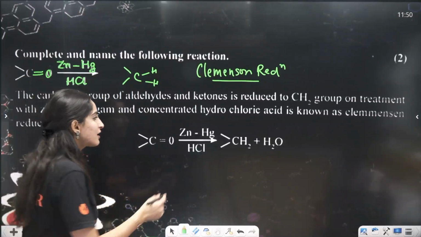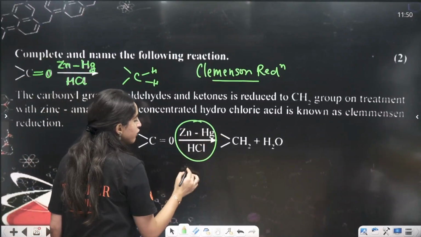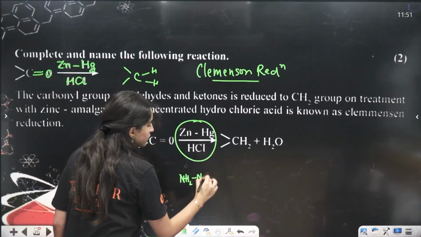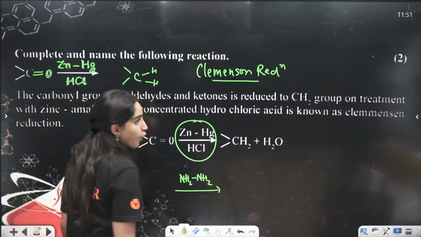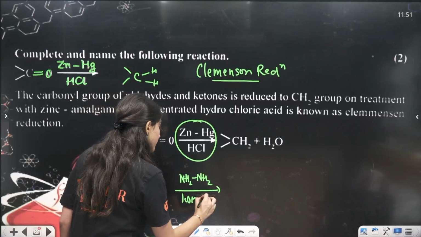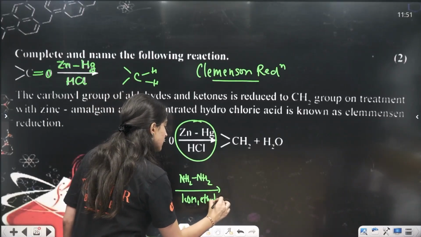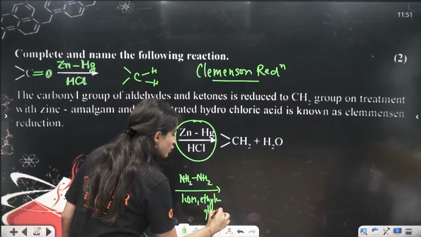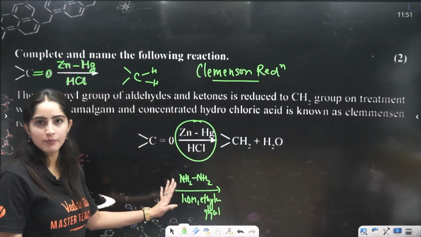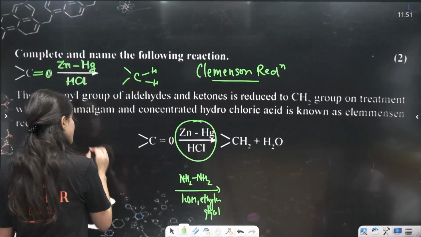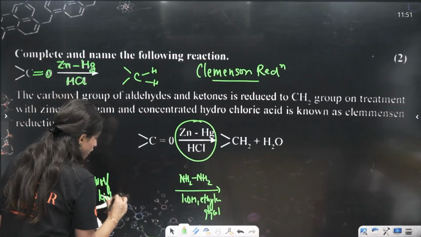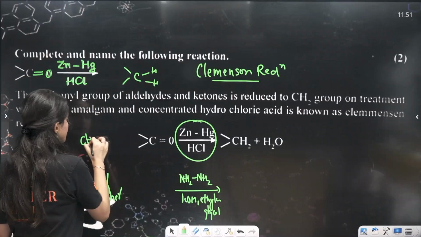In Wolff-Kishner reduction, the reagent will change. The reagent will be hydrazine in basic conditions, KOH and ethylene glycol. That is your Wolff-Kishner reduction. Okay, everything else will be the same, right? This is Clemmensen and this is Wolff-Kishner.